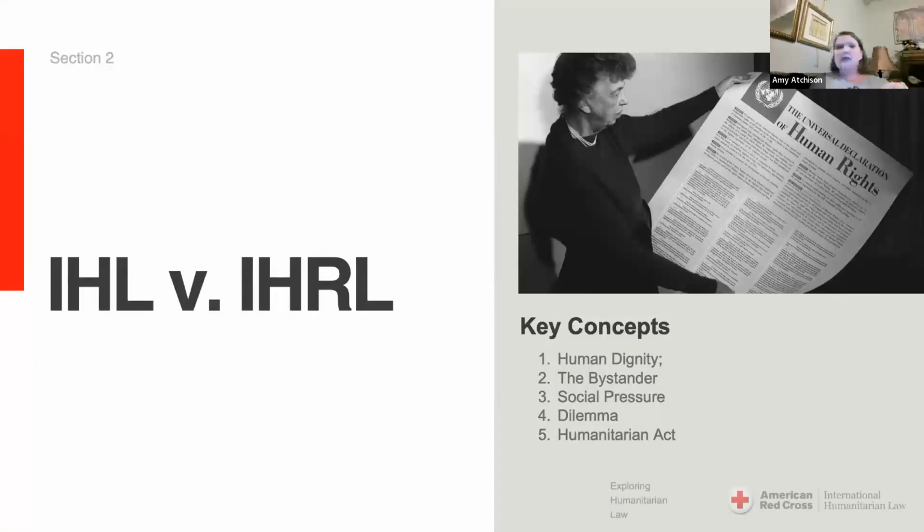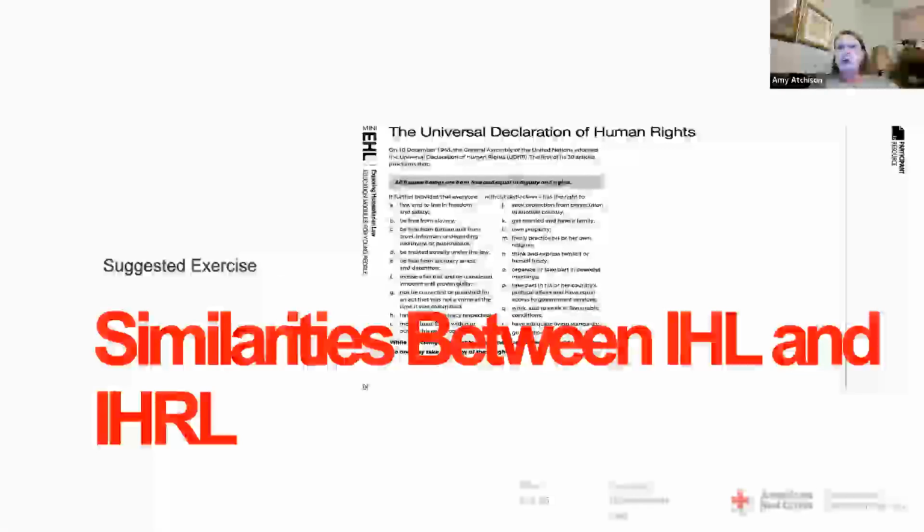All right, so let's get into it. We have two things that we do here. IHRL and IHL are very distinct but complementary branches of international law. IHL has a lot of ancient roots, right? We have evidence from ancient Africa that it was forbidden to salt wells.